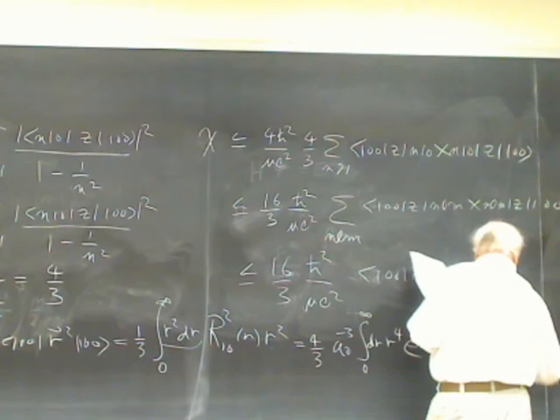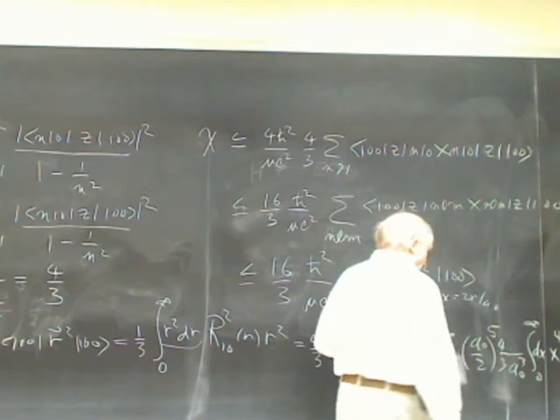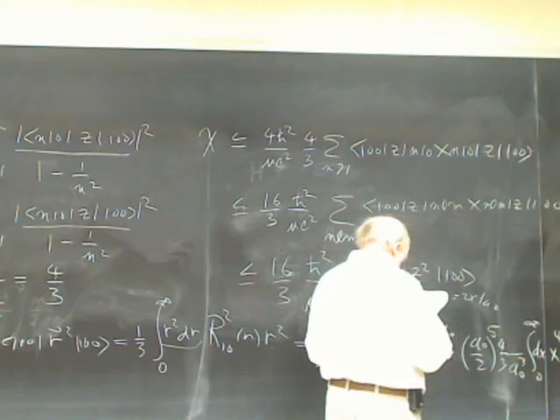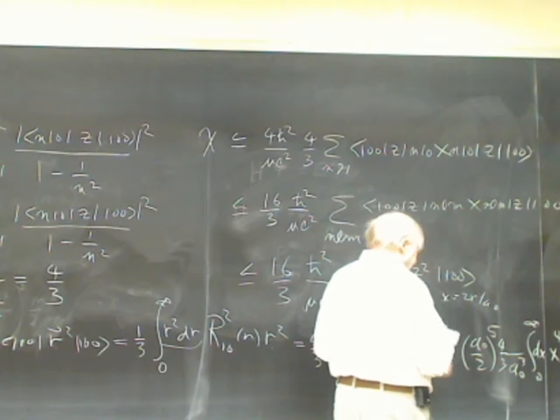The integral from 0 to infinity of dx x to the 4th e to the minus x is, of course, a famous integral, and it gives you 4 factorial.